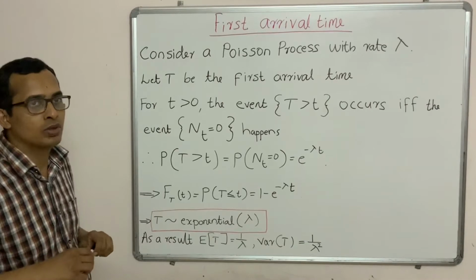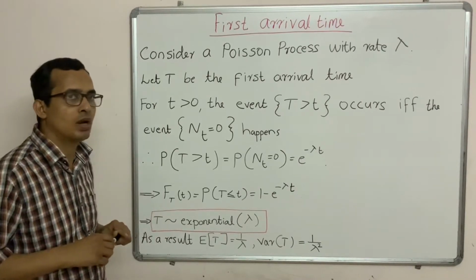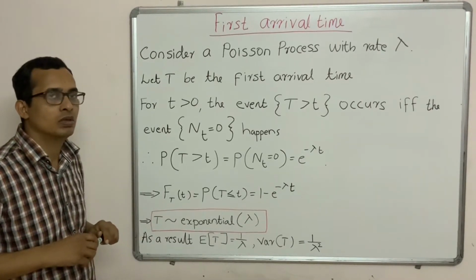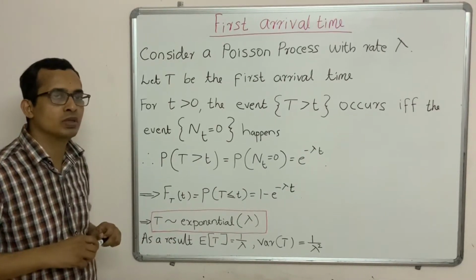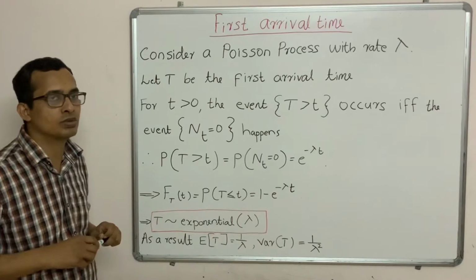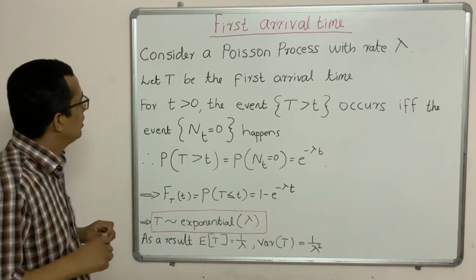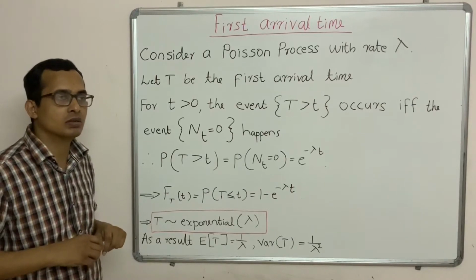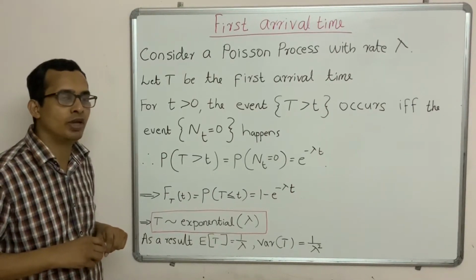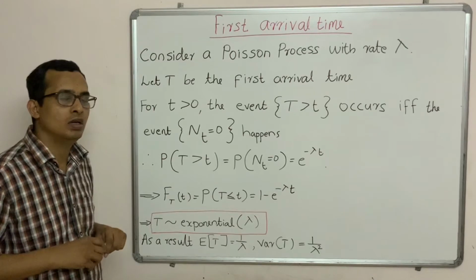We now know that the number of arrivals n tau in an interval of length tau is Poisson with parameter lambda times tau. As a consequence, the expected number of arrivals E of n tau is lambda tau, and the variance of n tau is also lambda tau.